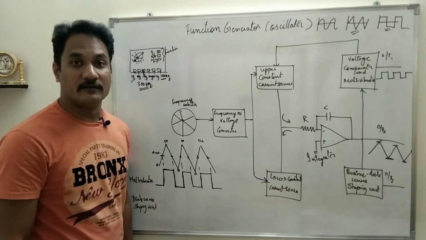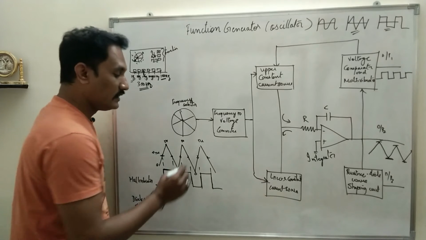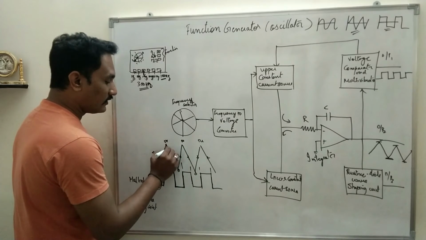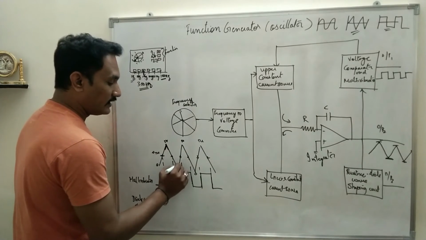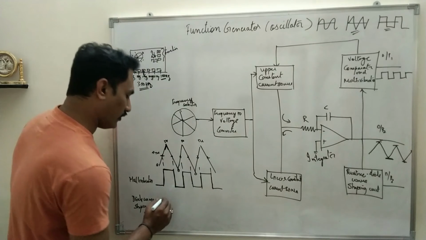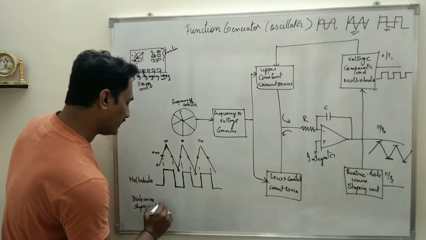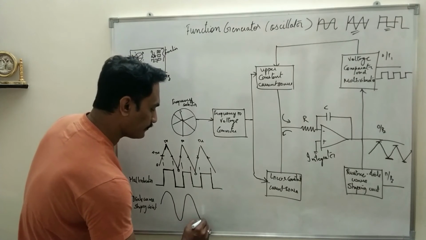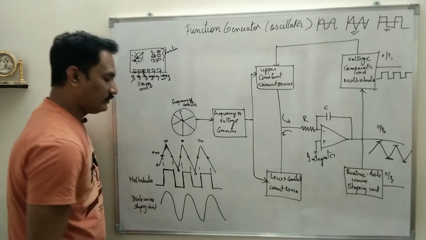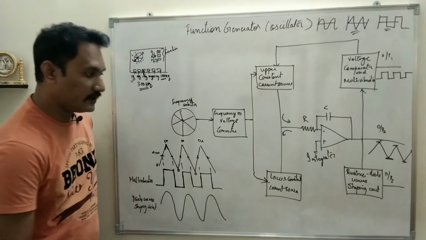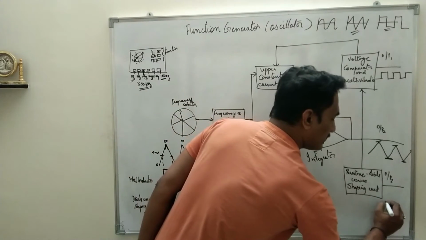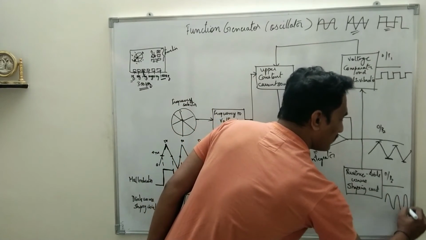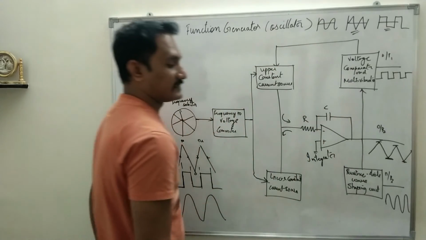It's not a linear device, it's an exponential device. That means the sharp changes will be opposed by the diode. It will smooth out that waveform. So the same waveform will look like this. So when a triangular waveform is passed through the diode wave shaping circuit, what you get is a sine wave.